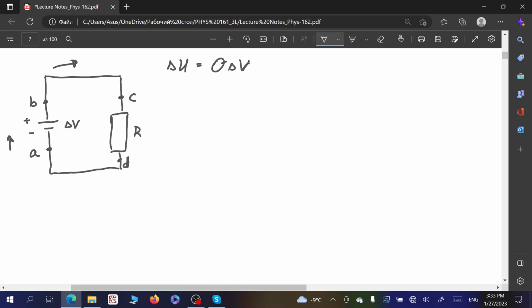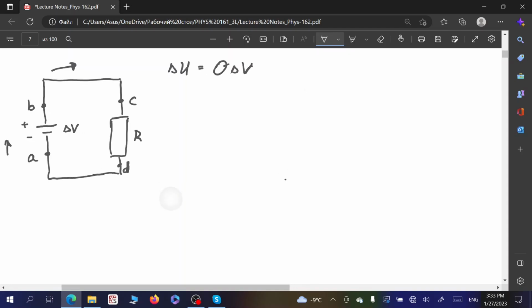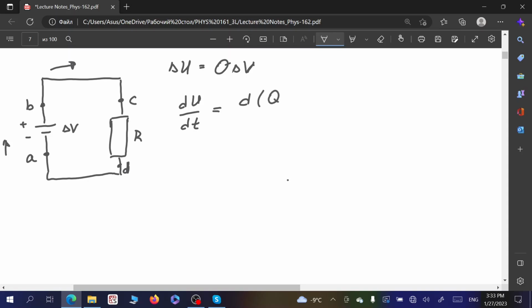So now we can write what the rate of dissipation of energy at this resistor will be. We can write that dU over dt, the first derivative over time, will be equal to dq times delta V over dt.